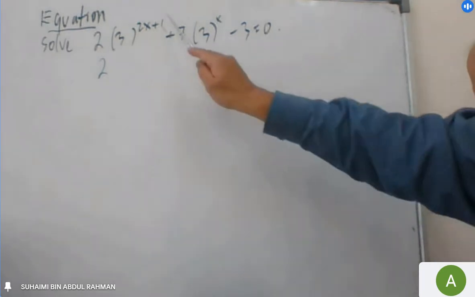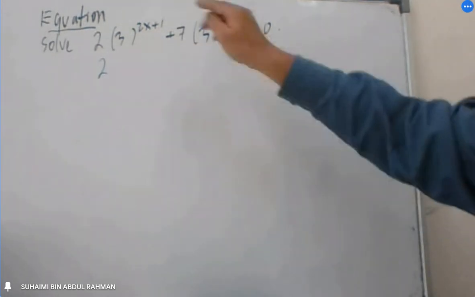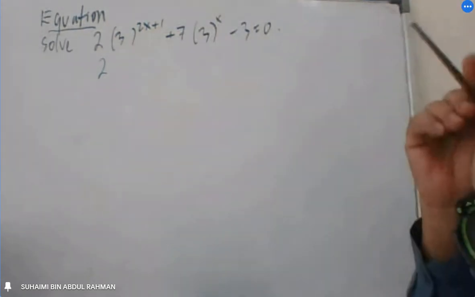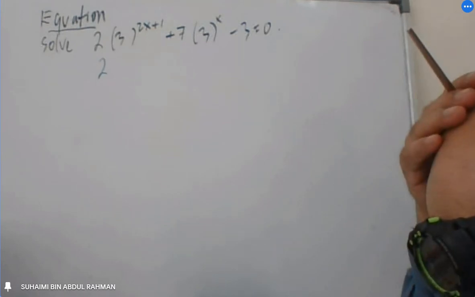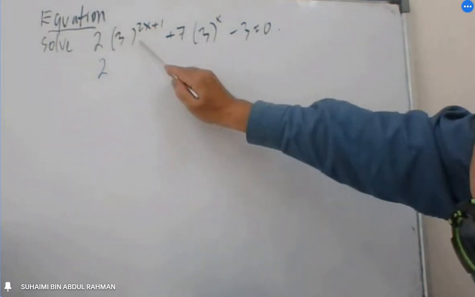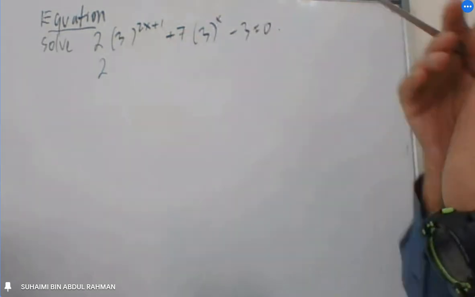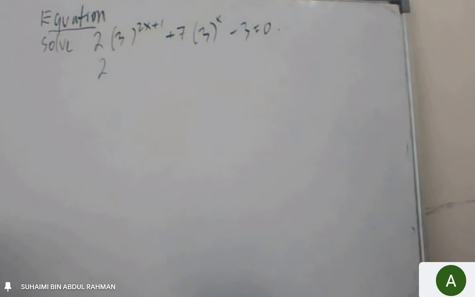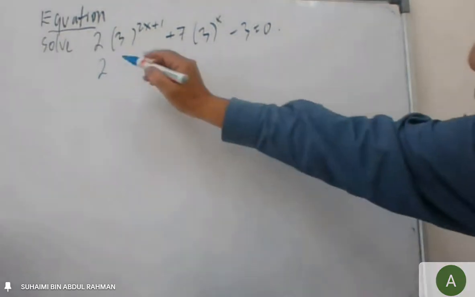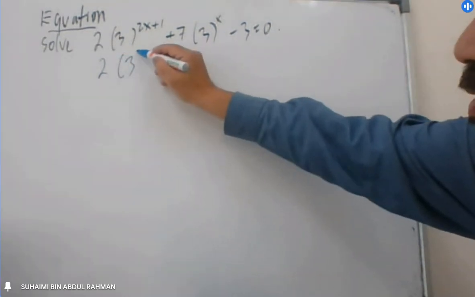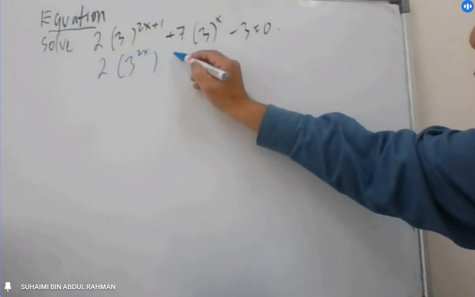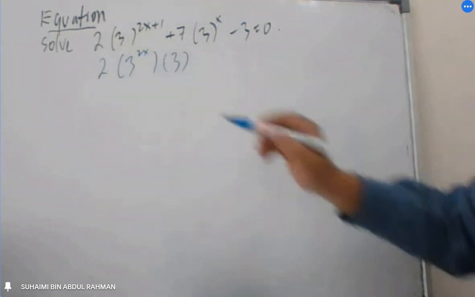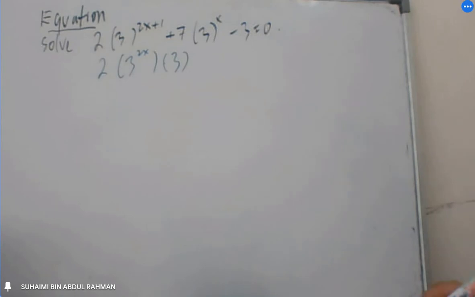The way we can write this is 3 to the power of 2x, then times 3. Why times 3?